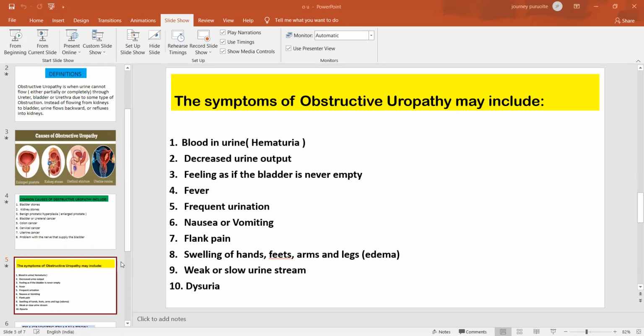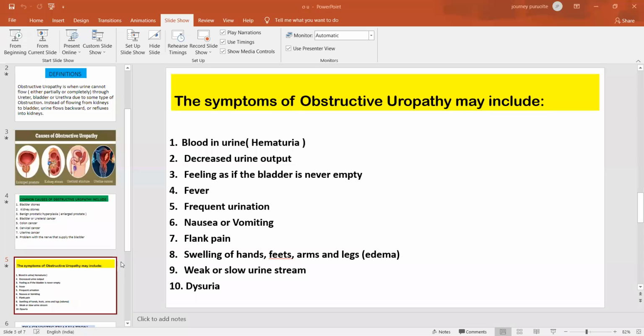Okay, so the next is fever, and there will be frequent urination, and then nausea or vomiting and flank pain, and there will be edema, swelling of the hands and feet. Obviously if someone has obstructive uropathy, the urine will not flow as it should. If the urine is not being excreted, fluid will accumulate in the body, and because of that there will be edema.